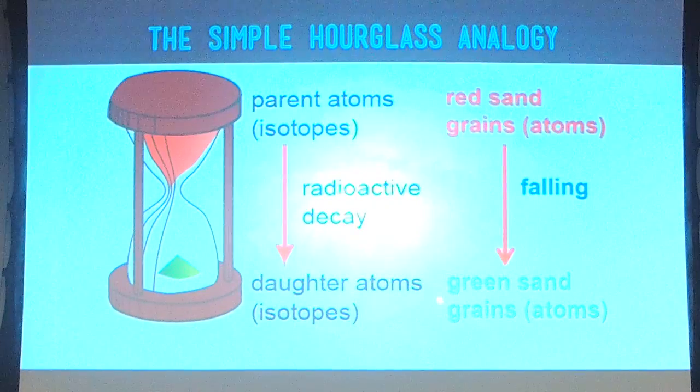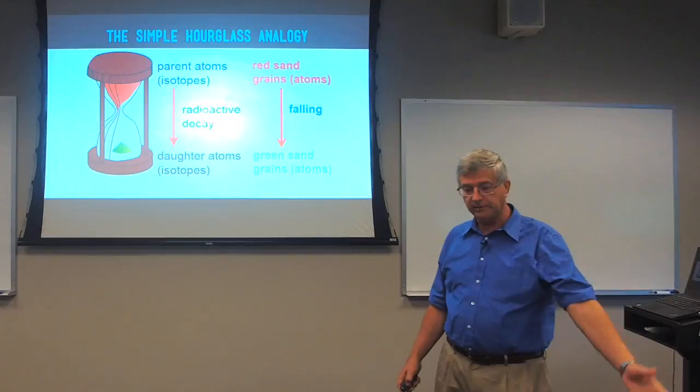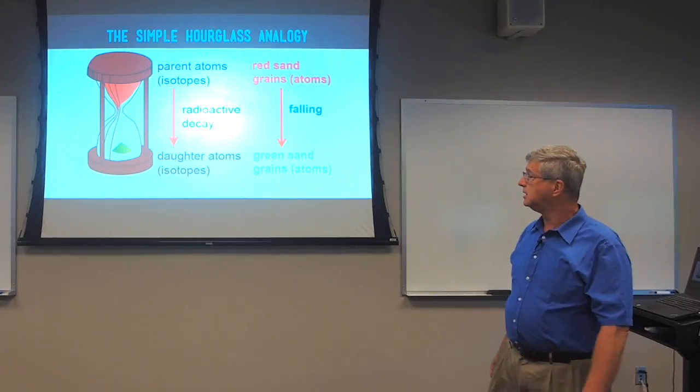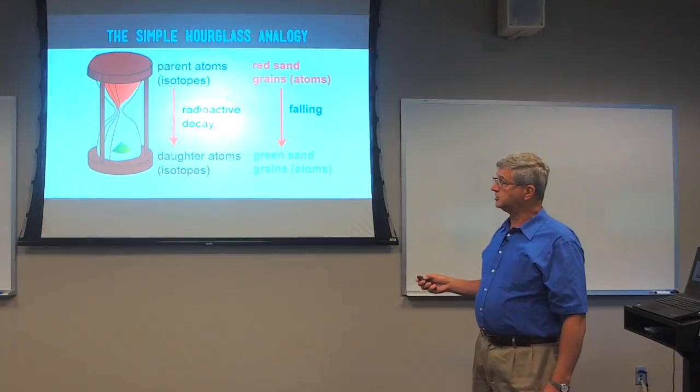And then you get the green sand grains in the bottom glass bowl. And we know that if we start with no green sand grains down the bottom, but all the red sand grains up here, then it's an hourglass. It takes an hour for the red atoms to fall and become green sand grains. And so this is the analogous process.